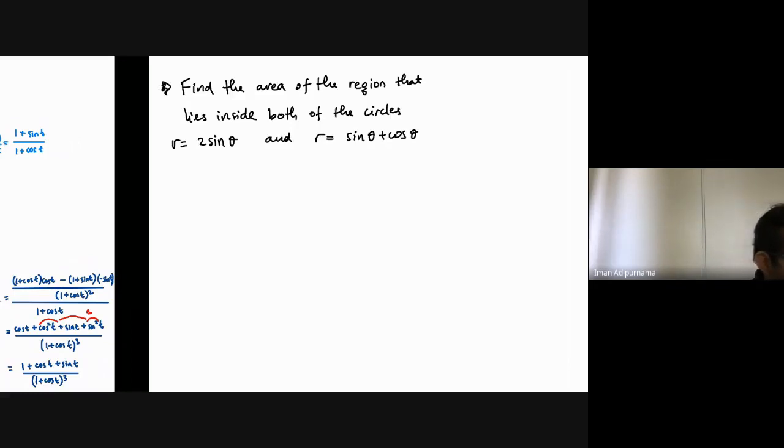So new thing, what is the shape? I think because the question already mentioned, both are circles. Okay.